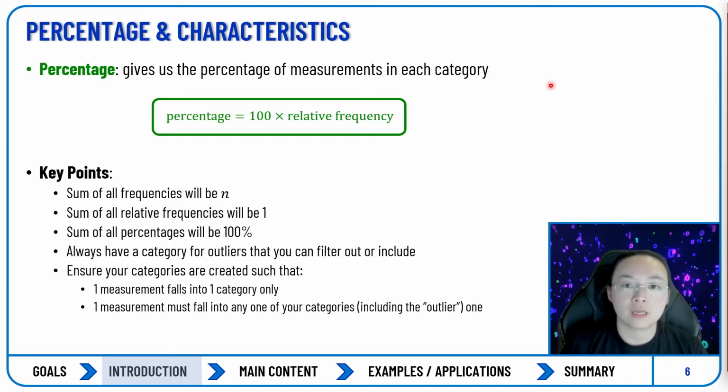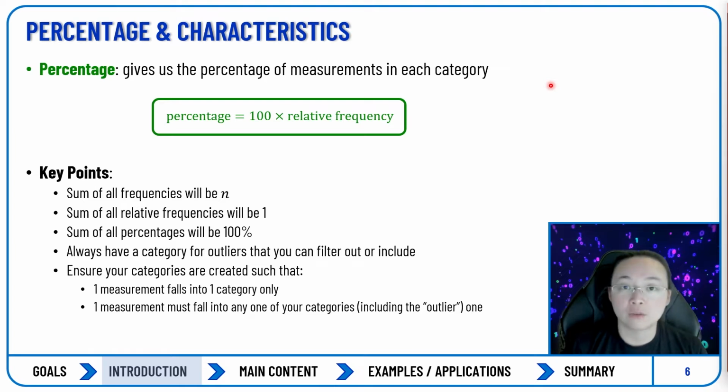Number one, all of your frequencies will have to equal the total number of measurements you've taken. When you move on to relative frequencies, because you're normalizing all of the data, or if you're using percentage, it's also normalized. It means your relative frequencies must add up to 1, and your percentages must add up to 100% of the entire sample set that you have.